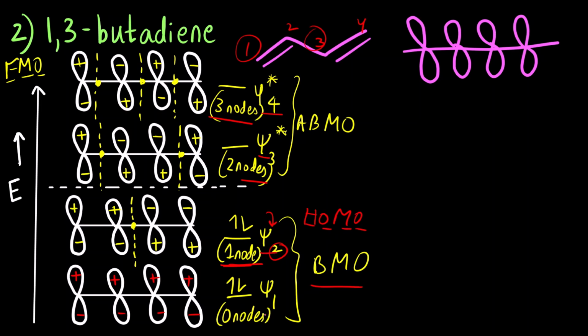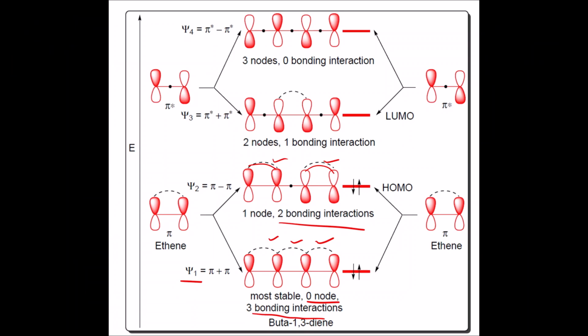Occupied are psi 2 and psi 1, of which psi 2 is higher in energy. So HOMO will be psi 2. And what will be the LUMO? The lowest unoccupied molecular orbital. Now unoccupied are psi 3 star and psi 4 star, of which psi 3 star is lowest in energy. So LUMO will be psi 3 star. Okay, that is what they have given in the next slide. HOMO is psi 2, and LUMO is psi 3 star.